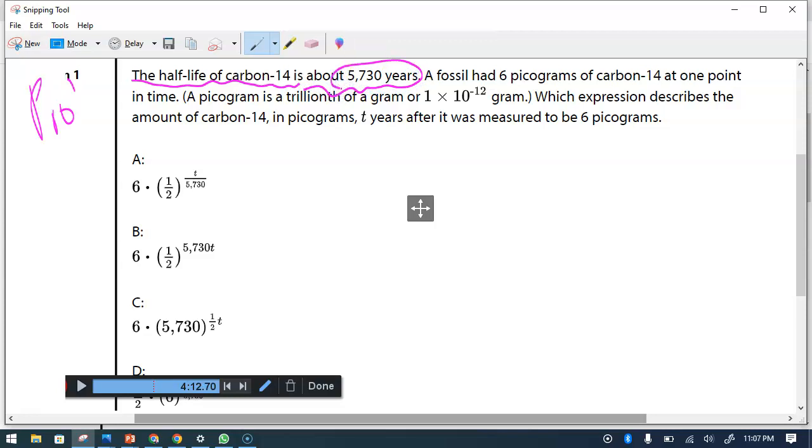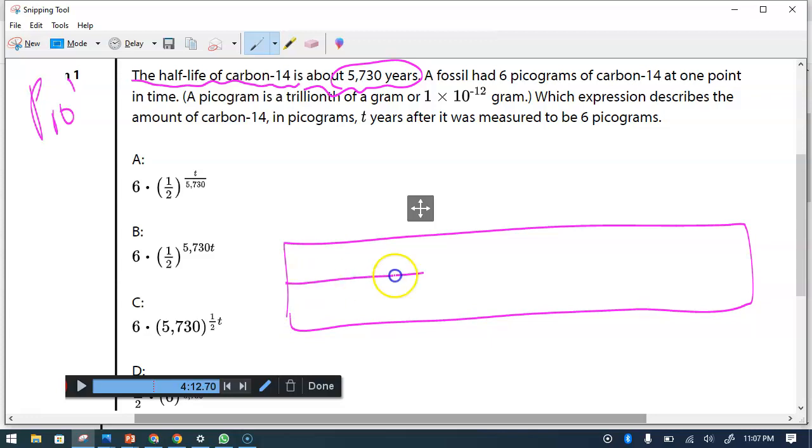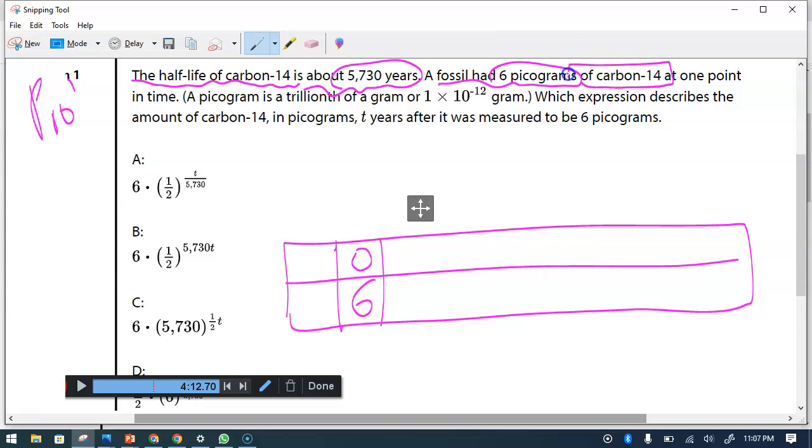That means when we try to draw, in the beginning, a fossil had 6 picograms. So in the beginning, at 0, it was 6 picograms of carbon 14. Now, what is 1 picogram? It is 1 trillionth of a gram. That means this much. See? So little it is.